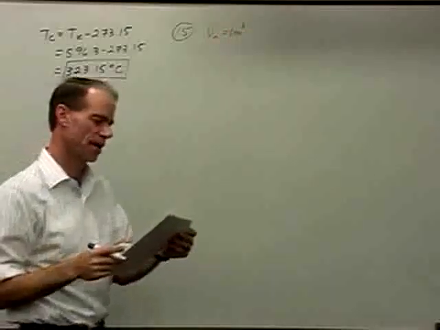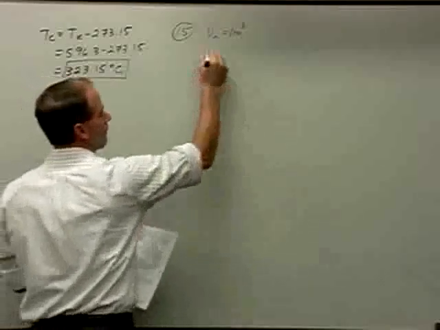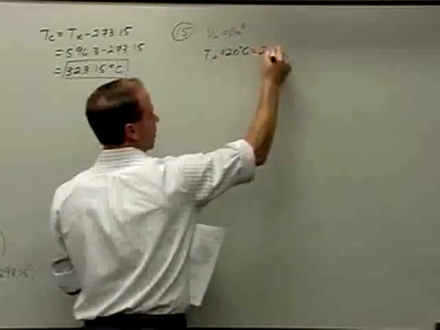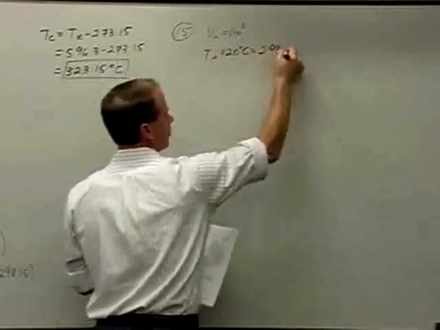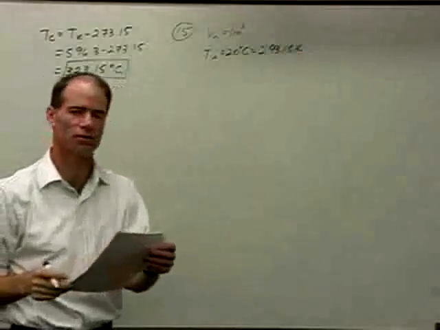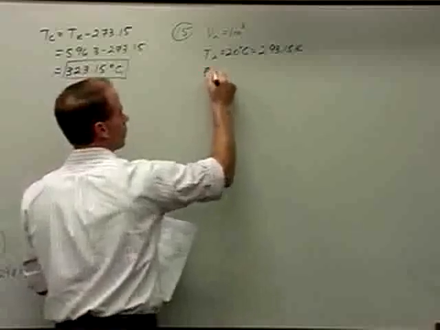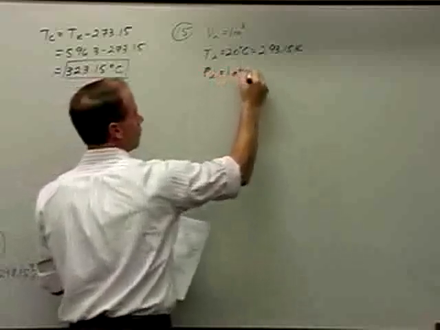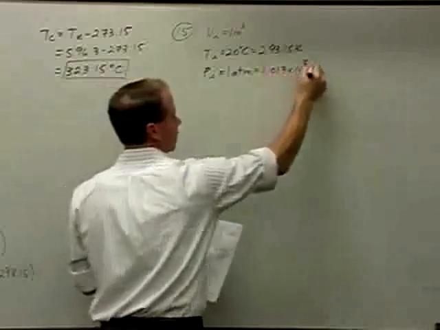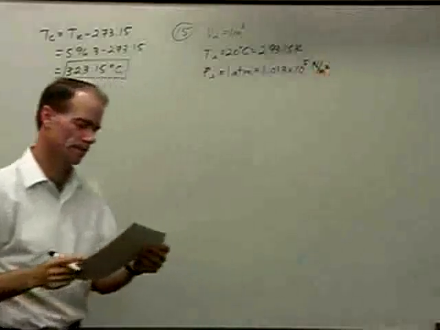And its volume expands. Its original temperature was 20 degrees Celsius, so that would be 293.15 Kelvin. Its original pressure was 1 atmosphere, so that would be 1.013 times 10 to the 5 pascals, newtons per meter squared.